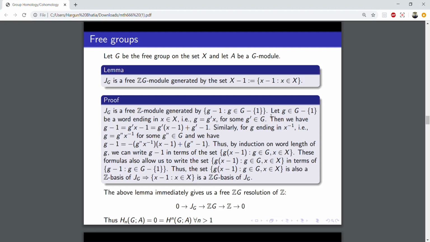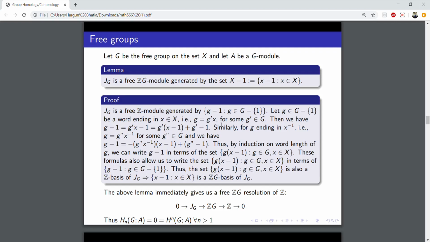Now, if I take any g which is not the identity, then since it's a free group generated by X, it's a word. A word means a bunch of symbols of X and X inverses, a finite product in some sense. Suppose that the word ends in some symbol x in X. That means g is g prime times x for some g prime in G. Notice that I'm taking this as a reduced word, I mean, we cancel all x inverse if there are any already in g.